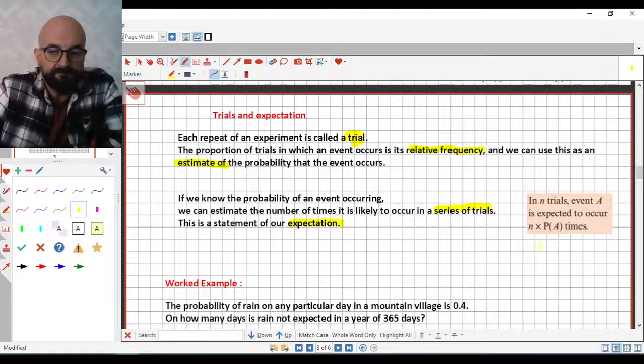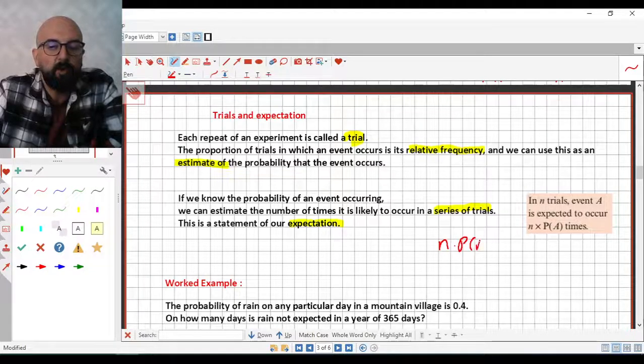For example, in n trials, event A is expected to occur n multiplied by the probability of A times.